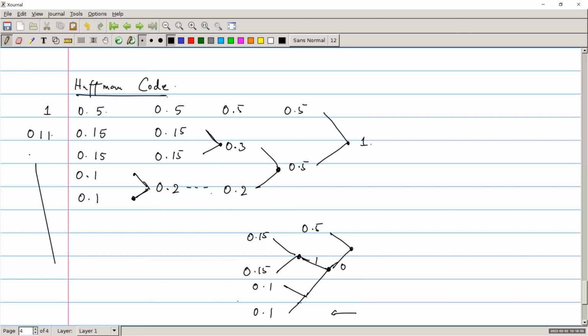Then 0, 1, 0, then 0, 0, 1 and 0, 0, 0. These are the code words you assign to the various symbols.